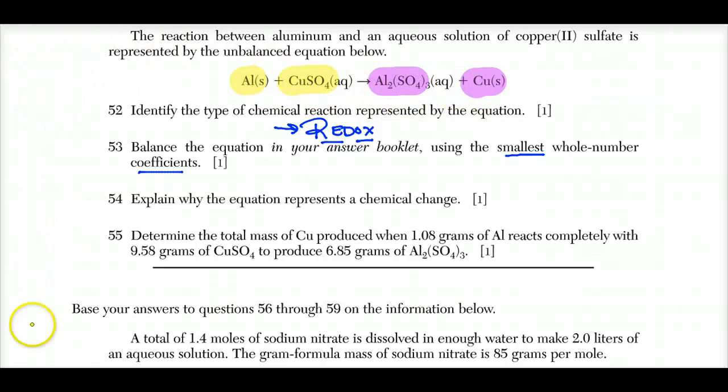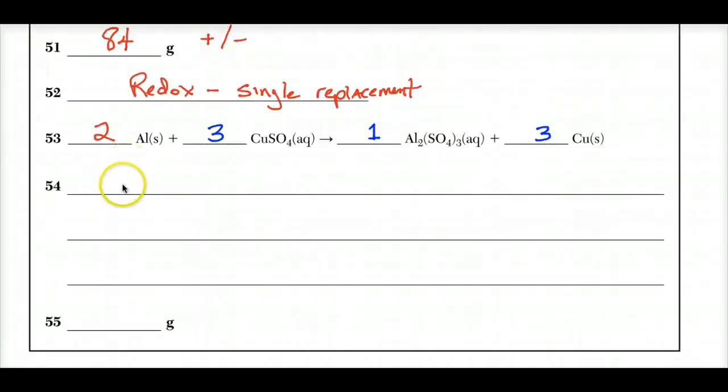So let's go back to the answer booklet and write that. So chemical changes are where you're making new formulas in your products because chemical bonds were broken and new chemical bonds were formed. So many ways to write this, but I kind of like that.